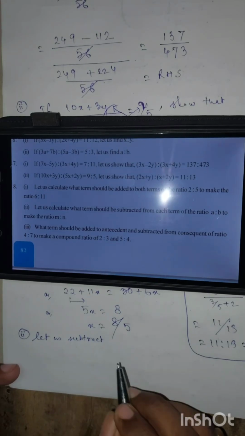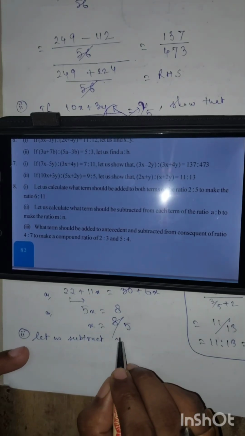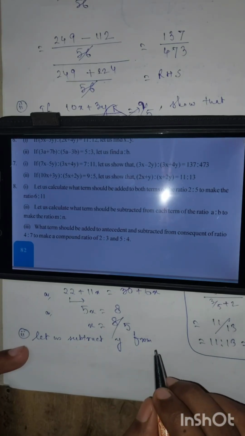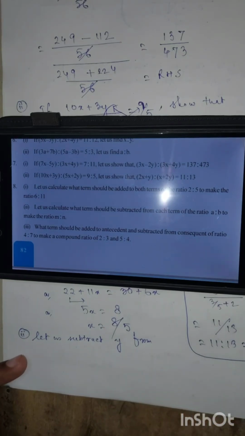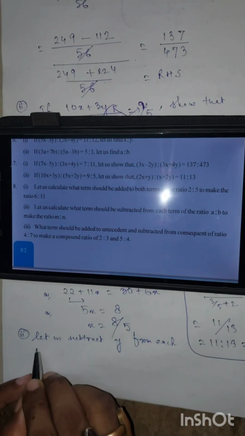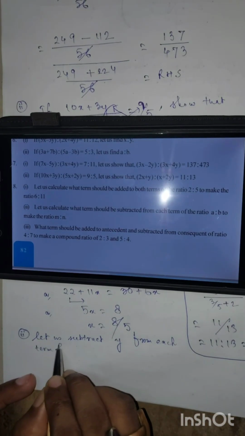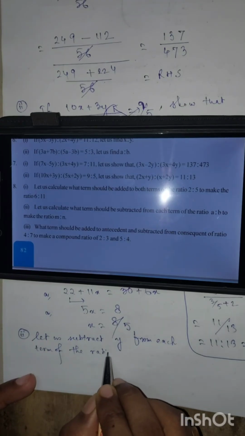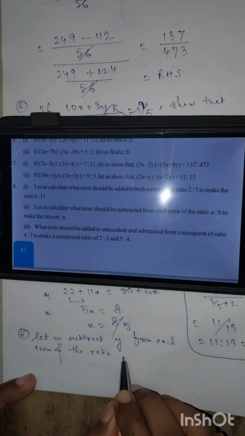Okay, let us subtract y from each term of the ratio a is to b.